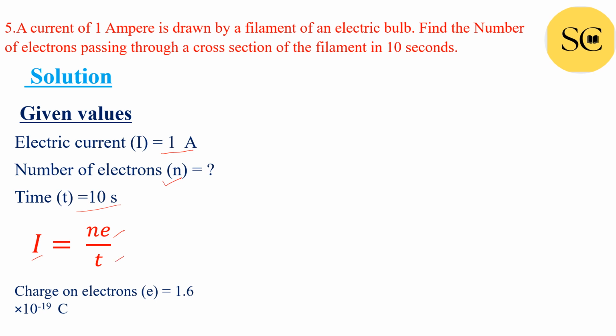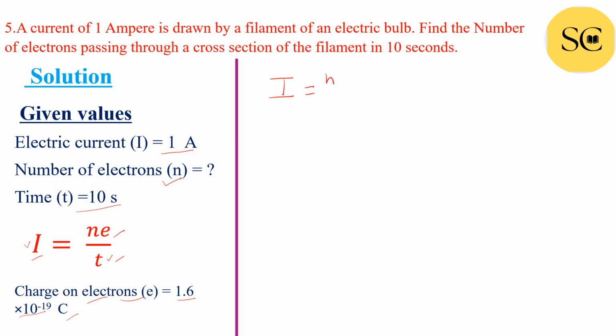In this formula, we have the value of I and T, but we don't have the value of E. So what is E? E is the charge on an electron, 1.6 into 10 raised to minus 19 coulomb. This is a constant value, so learn this value. Now we will solve the question.